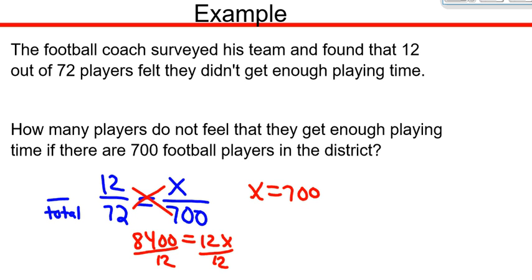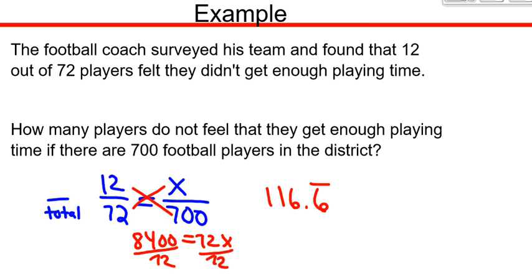Hold on. Okay, I found my mistake. This should not be 12x here. This should be 72x, which means I'm going to divide both sides by 72. So that would be 8,400 divided by 72, which gives me 116.6 repeating.